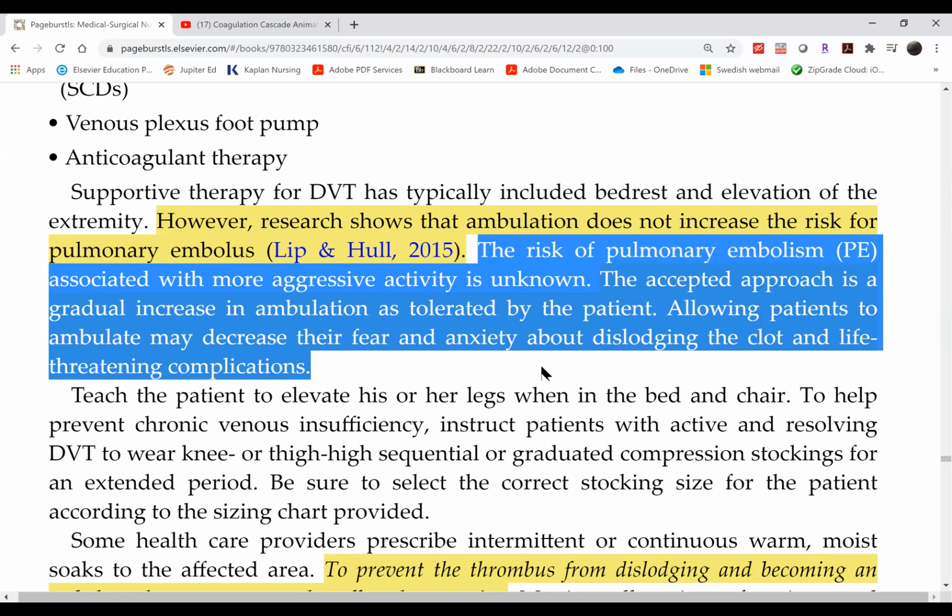So if you stop that process, the clot will remain the same, meaning you can stabilize the clot and then allow the body to just dissolve it. So as you can see, we typically do not give thrombolytics for DVTs. We just leave it for the body to dissolve. The important thing is we stop further clot formation and further increasing of the size of the existing clots.